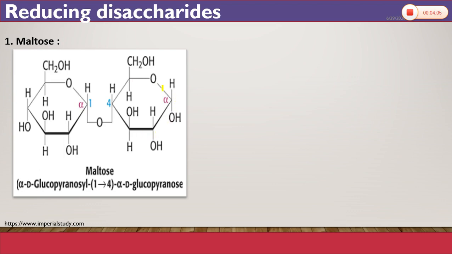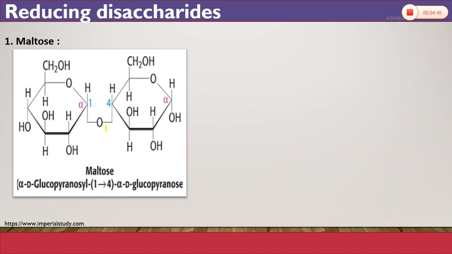While this structure, the second glucose molecule, is also alpha D-glucopyranose. That means maltose is made up of 2 alpha D-glucose molecules, and these 2 glucose molecules are joined by a glycosidic bond which is formed between the C1 carbon of one glucose residue and the C4 carbon of the other.